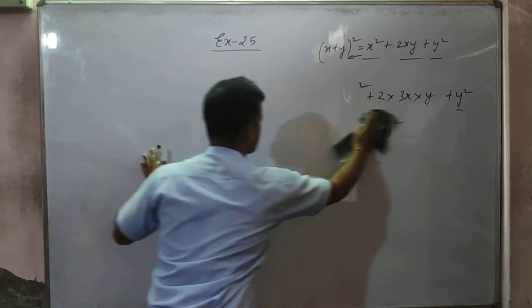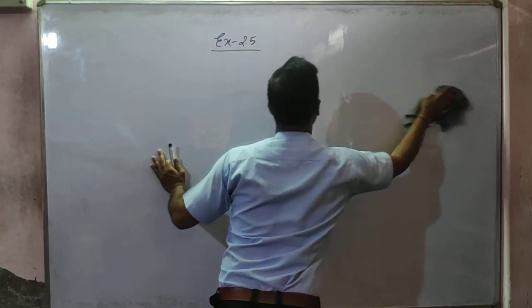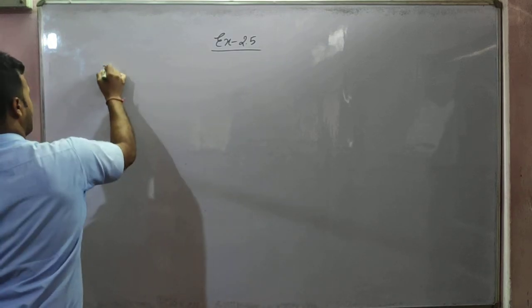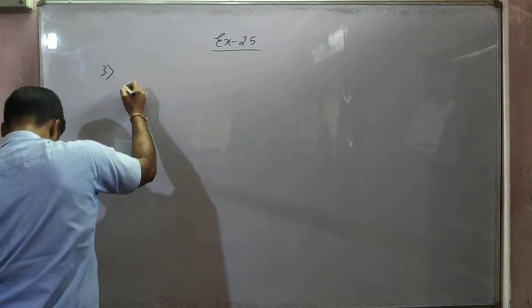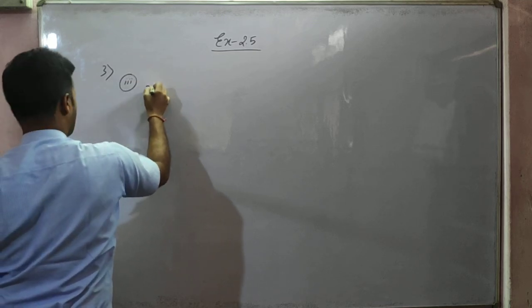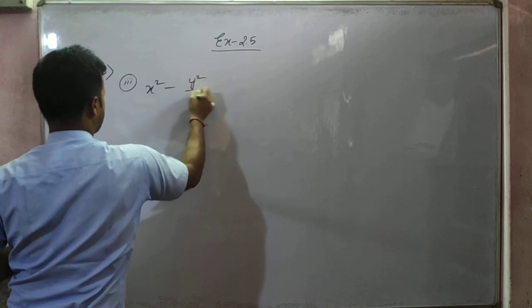Let us see one more. x square minus y square by 100.